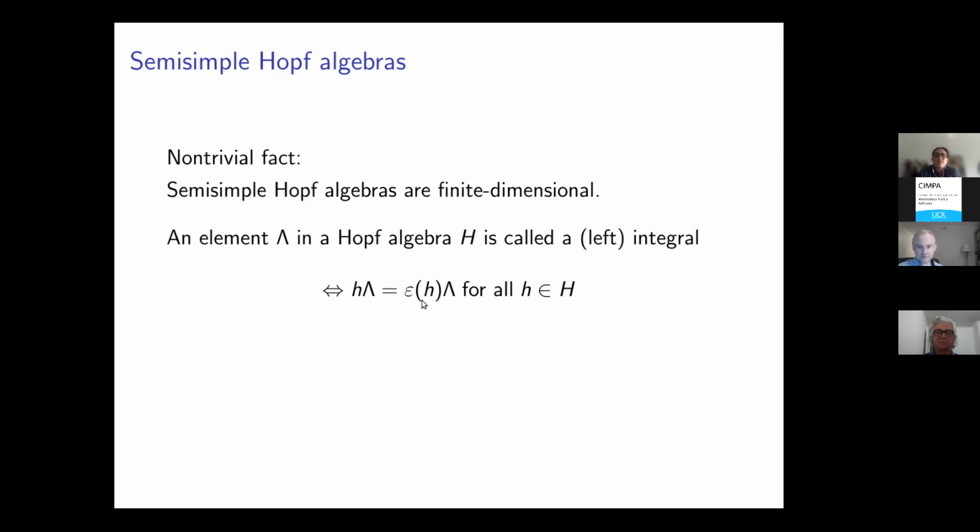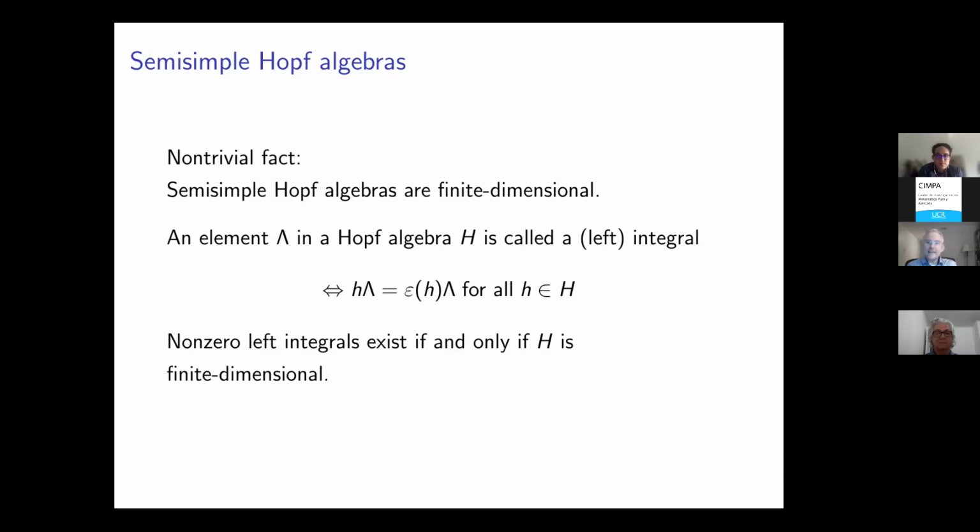Because of the linearity requirements that I explained before, it can only reproduce itself up to a factor. If you multiply the element by 5 times 1, it has to multiply itself by 5. So this is the best thing that can happen: it reproduces itself up to a factor, and the factor is given by epsilon of h. This is the best thing you can hope for. If this equation holds for all h in H, then we talk about a left integral.